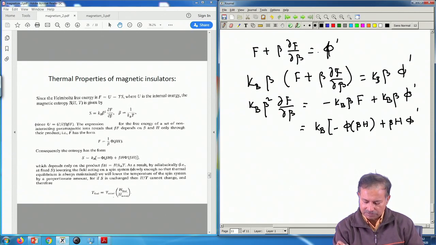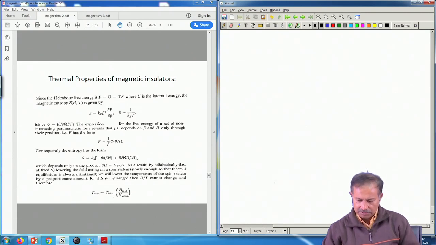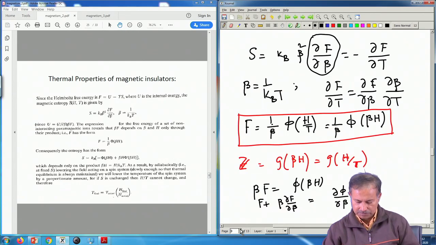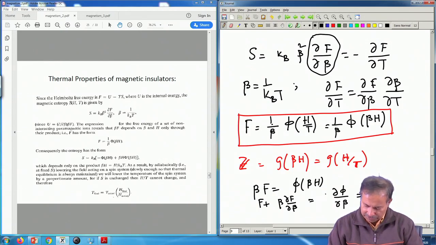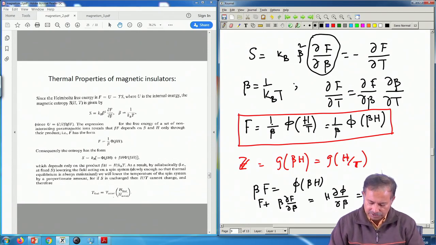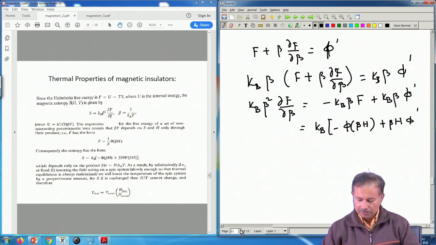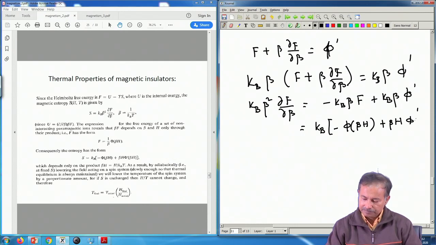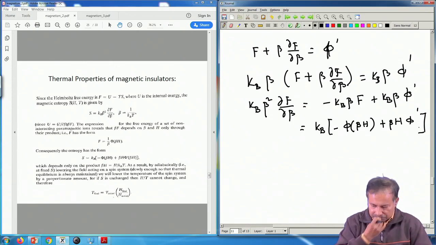Remember, there was an h sitting there, because I took a derivative with respect to beta: this was beta h, so h will come out, and that is this beta h phi prime. So, this is my S.